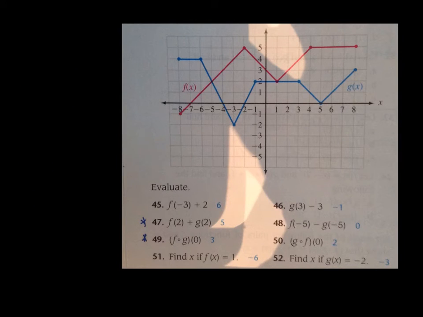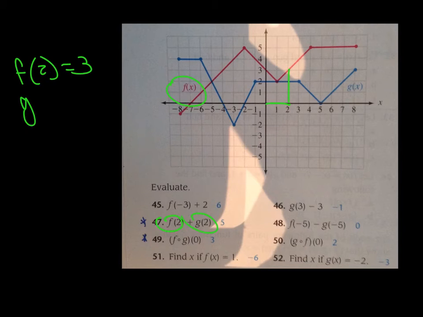It's the same thing with 45 to 52. Alright, so let's look at 47. We're looking at f of 2. When we go over 2, it goes up. The red is the f of x, so we're going to go up to 3. So f of 2 is 3.